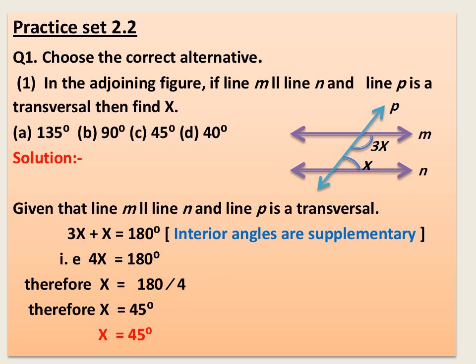When the lines are parallel, the interior angles are supplementary. Therefore, 3x plus x is equal to 180 degrees. Therefore, 4x is equal to 180 degrees. Now, the value of x will be 180 upon 4. Therefore, x is equal to 45 degrees, which is option C.